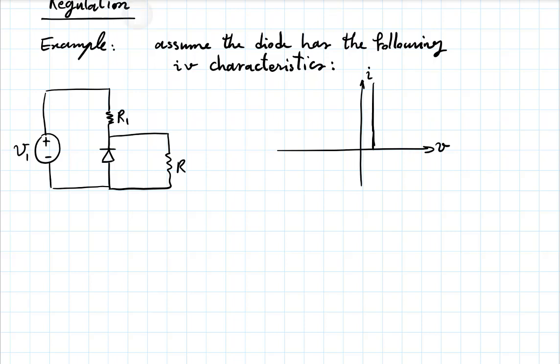I'm doing a somewhat idealized one, so a straight line there at 0.7 volts and a straight line here, let's say at minus 10 volts.